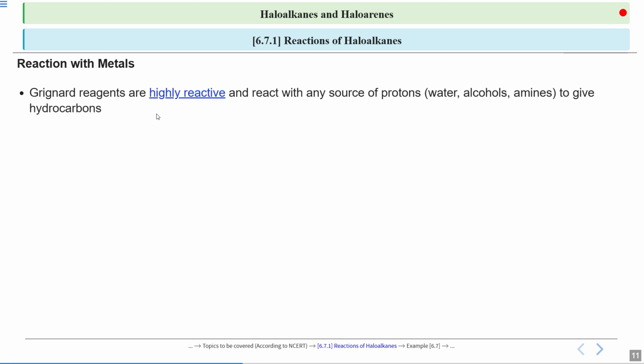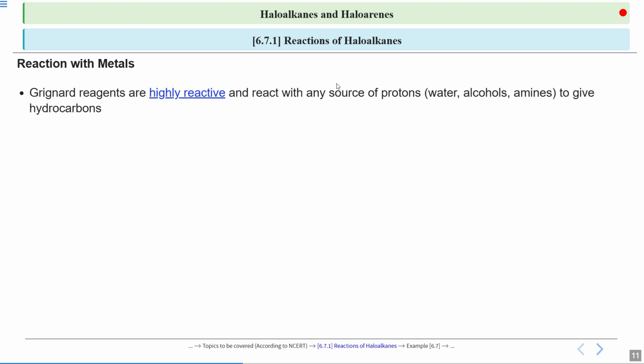Grignard reagents are highly reactive and they react with any source of protons, either water, alcohols or amines, to give hydrocarbons. So Grignard reagent reactivity is very high, and any source of proton means any molecule that can provide H positive in the reaction.